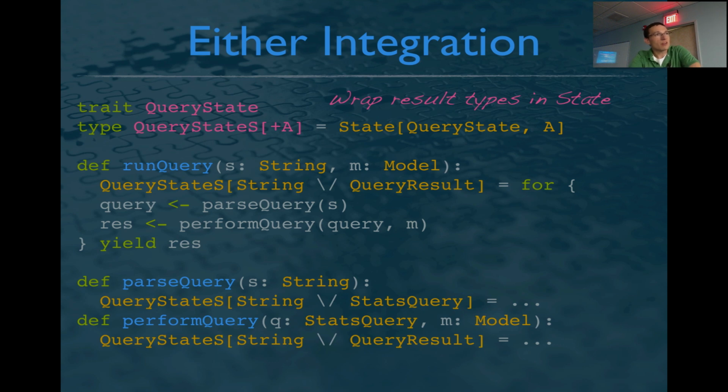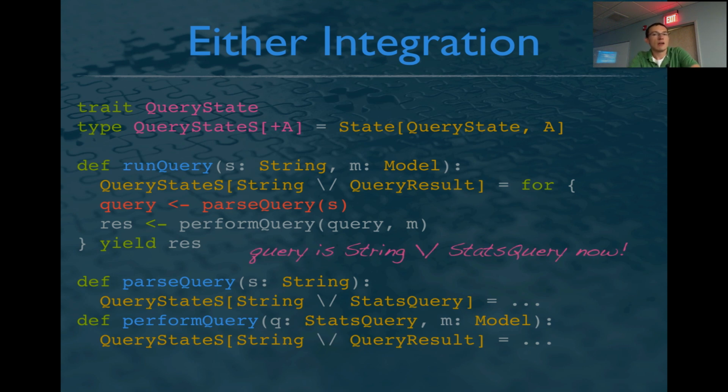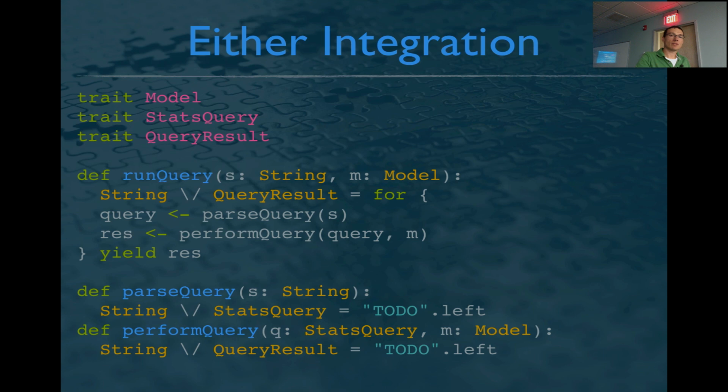Well, so this doesn't work, right? Forgetting the implementation of parse query and perform query, the problem here is that line. Because what's the result of that line? If I go back a minute to this slide, back before state was involved whatsoever, my flat maps here are the flat map on either, on the V data type.